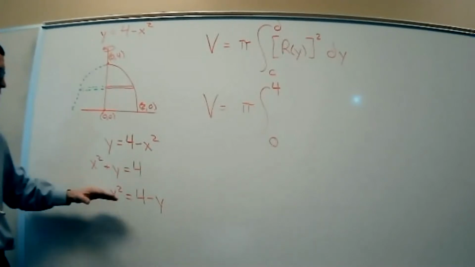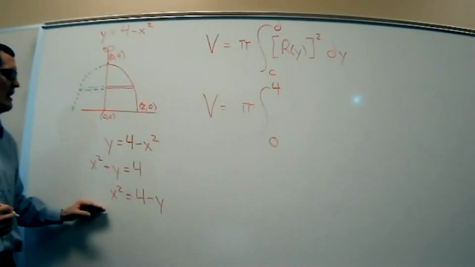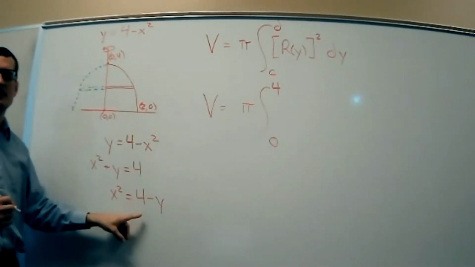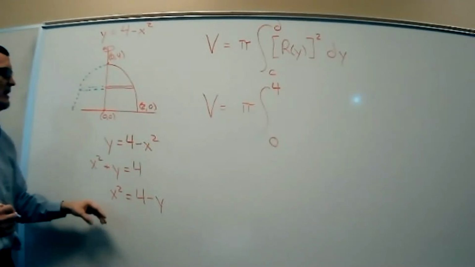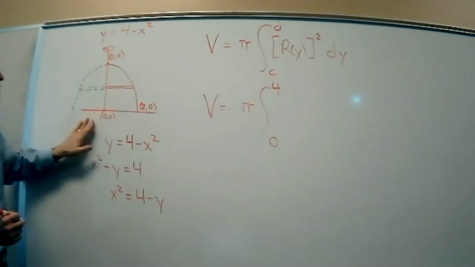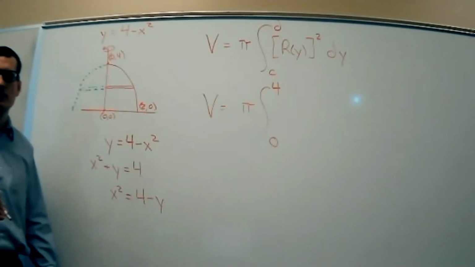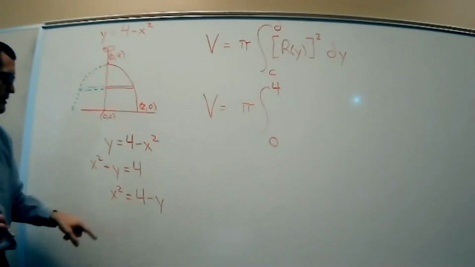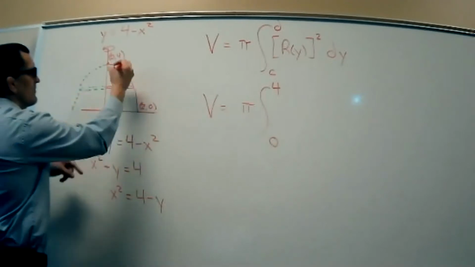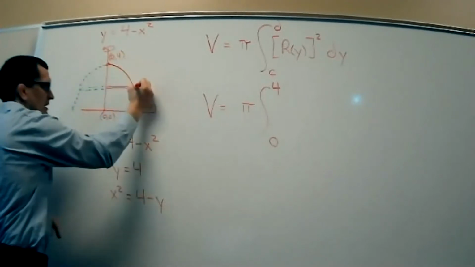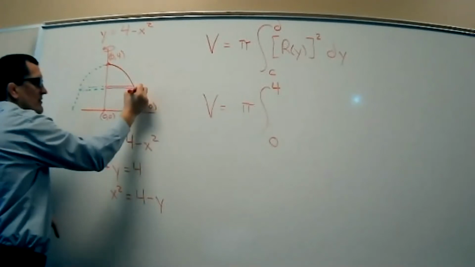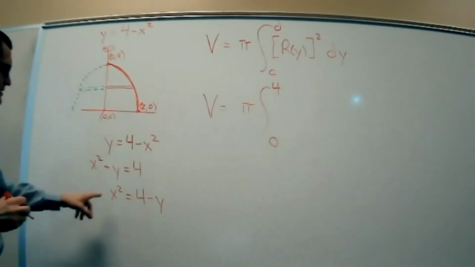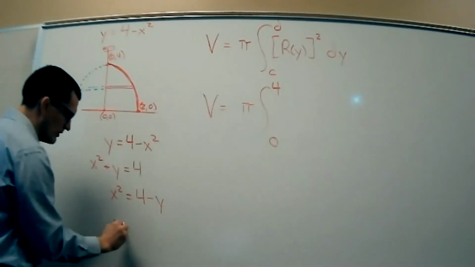Now you can take the square root of both sides, and since we're in the first quadrant, I can use the positive square root. If we were in the second, third, or fourth quadrant, we'd have to be really careful about that. But since we're in the first quadrant, all of my x and y values are both positive, so we can take a positive square root.